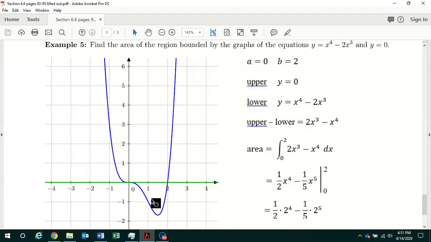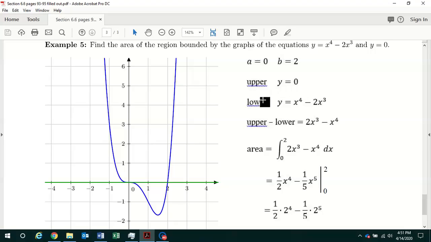Well, finding this area right here, the upper equation is y equals 0, and the lower equation is y equals x to the fourth minus 2x cubed. And so the upper equation minus the lower equation is equal to 2x cubed minus x to the fourth.